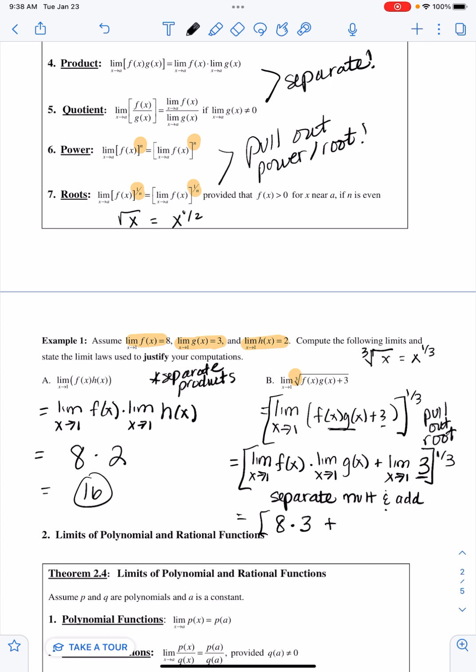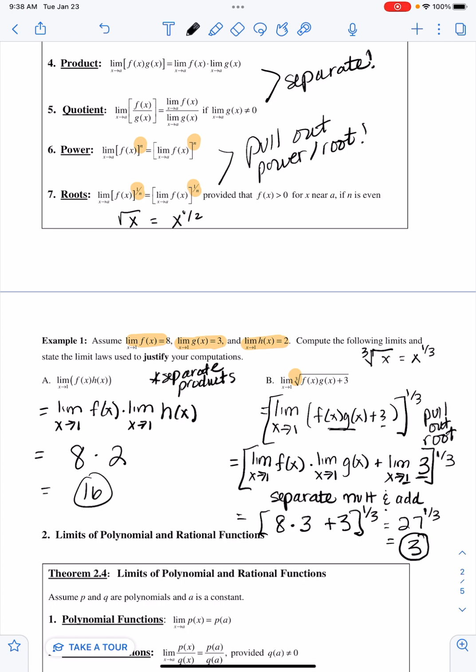So it doesn't matter what value of a, whether it's 1 or something else you're approaching, you're always going to get the answer of 3. Okay, and then this is all to the 1/3 power. Okay, so the arithmetic, we are going to get 24 plus 3, so that's 27 to the 1/3 power, or the cube root of 27, which is just 3.